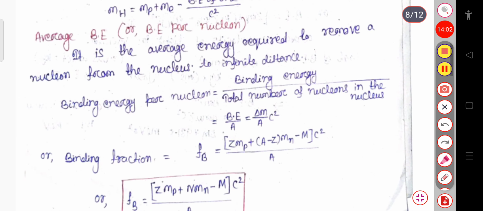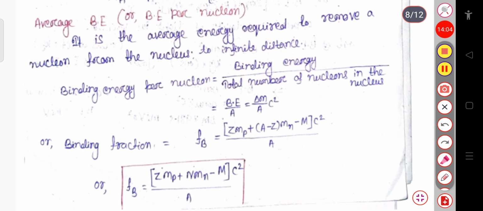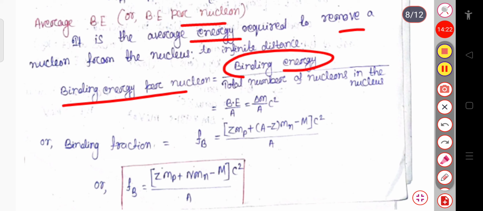Now we will discuss the average binding energy, also called the binding energy per nucleon. It is the average energy required to remove a nucleon from the nucleus to infinite distance. In mathematical form, the binding energy per nucleon is equal to the binding energy divided by the total number of nucleons in the nucleus. Nucleons means the number of protons plus the number of neutrons.